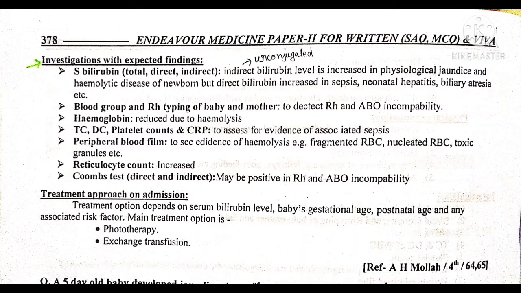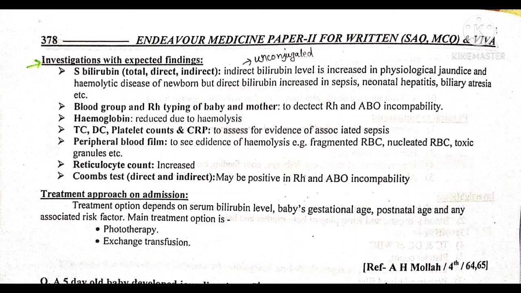During investigation, we should investigate the serum bilirubin level, the total, direct and indirect bilirubin level. Indirect or unconjugated bilirubin level is increased in physiological jaundice, and in hemolytic jaundice of newborn it is also elevated. But in sepsis, neonatal hepatitis and biliary atresia, the direct bilirubin or conjugated bilirubin is increased.